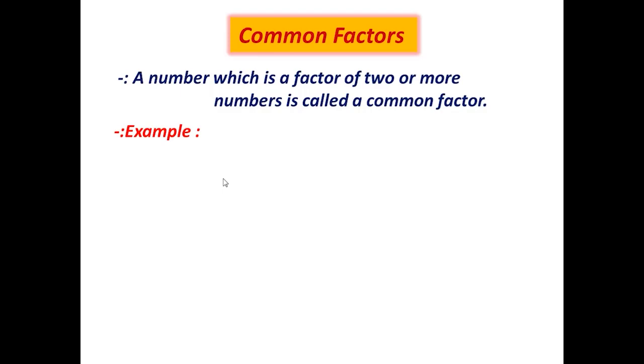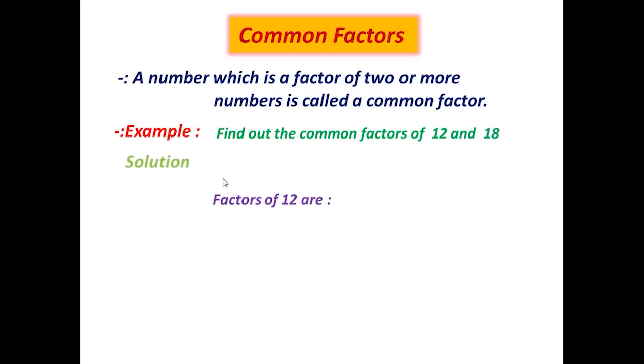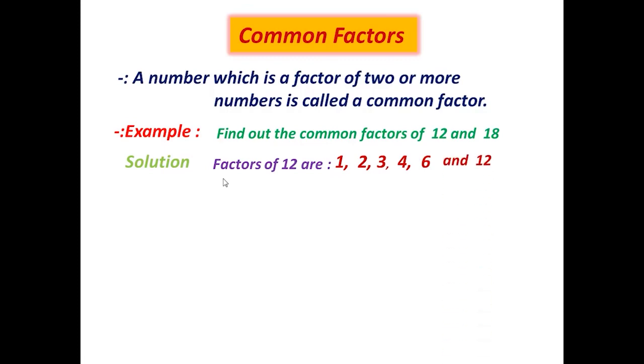Now let's see an example. Find out the factors of 12 and 18. Factors of 12 are, in the table of 1, 12 comes, in the table of 2 also 12 comes, in the table of 3 also 12 comes, like this in the table of 4 also 12 comes, 6 also 12 comes, and 12, and these are the factors of 12.